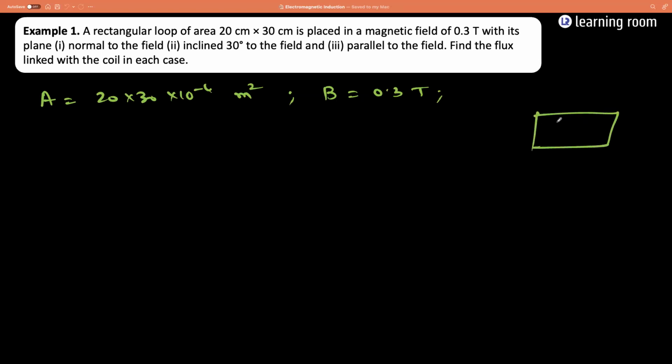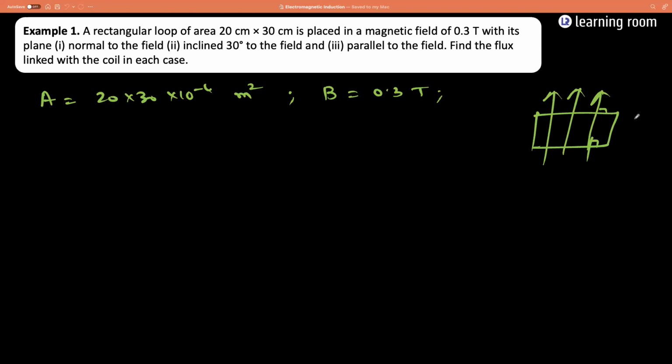So having this in mind, let's solve the problems. There is a rectangular loop of area 20 into 30 into 10 power minus 4 meters square placed in a magnetic field of 0.3 Tesla with its plane normal to the field. The coil has a plane which is normal to the field, so what is going to be the angle between the area vector and the magnetic field?